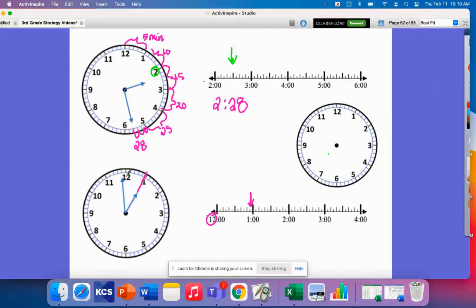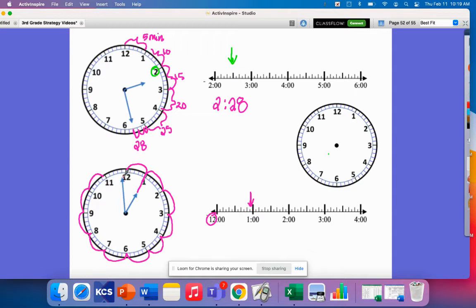You can do this 2 different ways, but probably an easier way is to count back from 12, because since it's so close, I could go around and count 5, 10, 15, 20, 25, 30, 35, 40, 45, 50, 55, and then count the minutes, but I could also just count back.